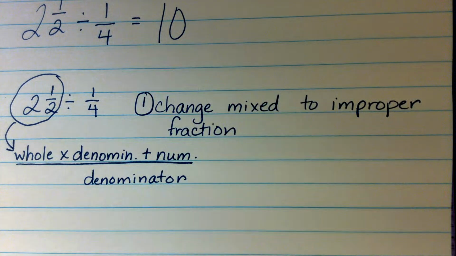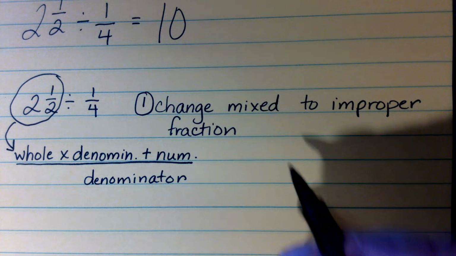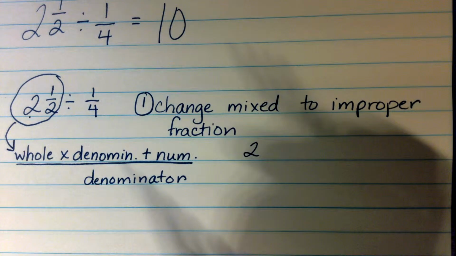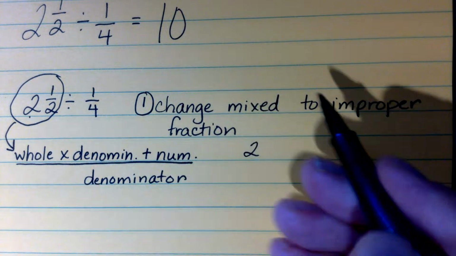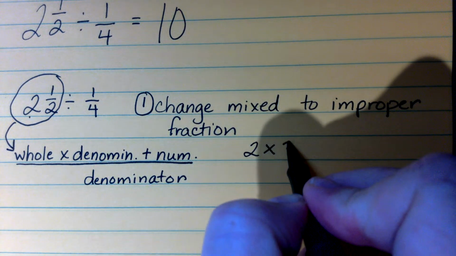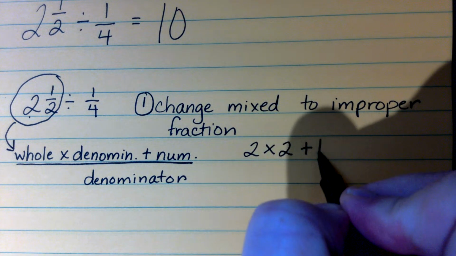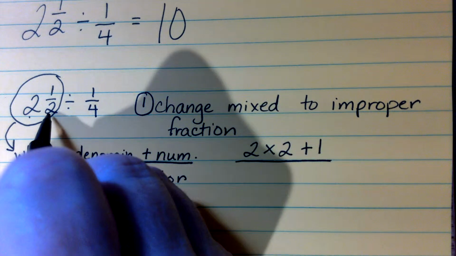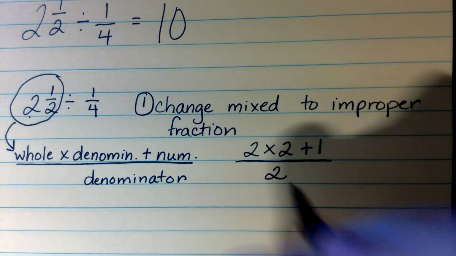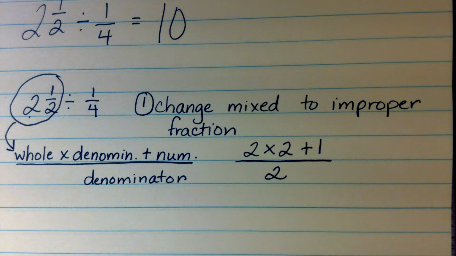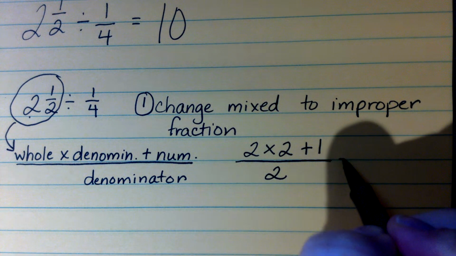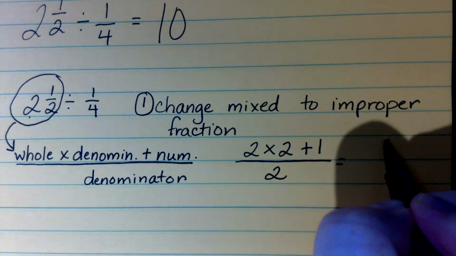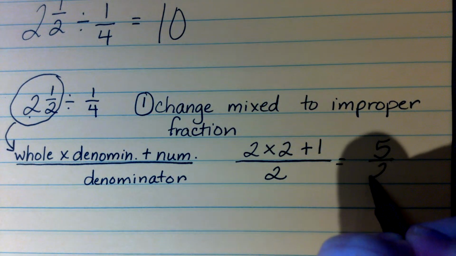That's step 1. So what that looks like is 2, because that's my whole number, times 2, because 2 is my denominator, plus 1, because 1 is my numerator, all over 2, because 2 is the denominator. So when I do that, 2 times 2 is 4, plus 1 is 5. I end up with 5 halves.